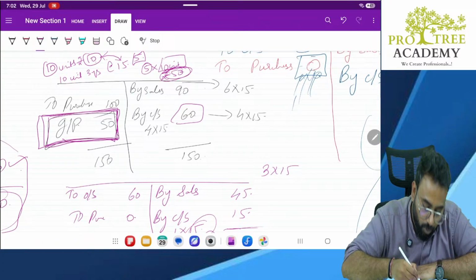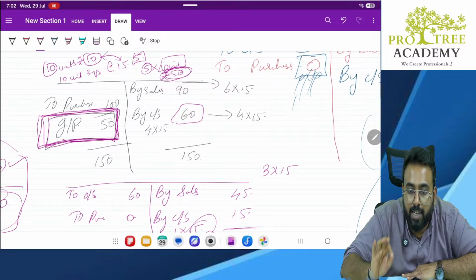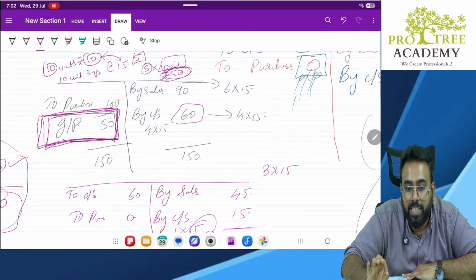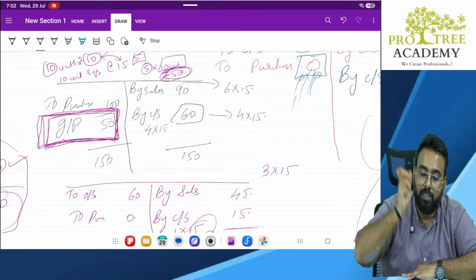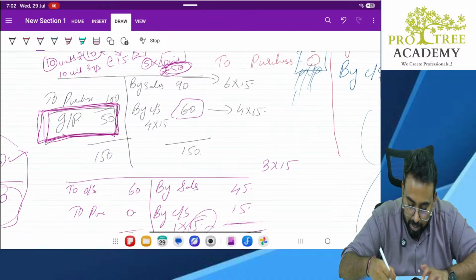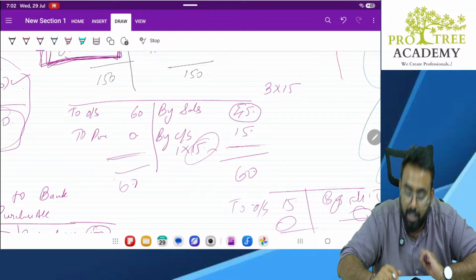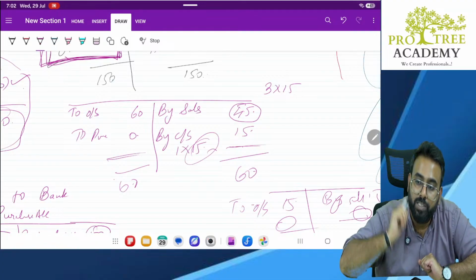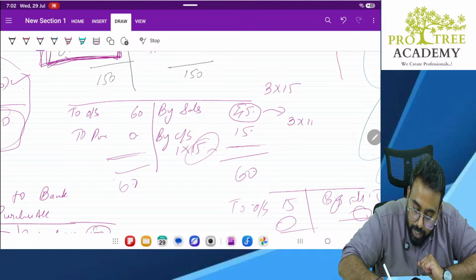What did you do? You recognized the entire profit in 1 year. Is it correct? The matching concept says what? Recognize revenue and its associated expenses. Sir, I recognized revenue of 45 rupees. Associated expense was how much? Sir, associated expense was 3 units into 10 rupees.